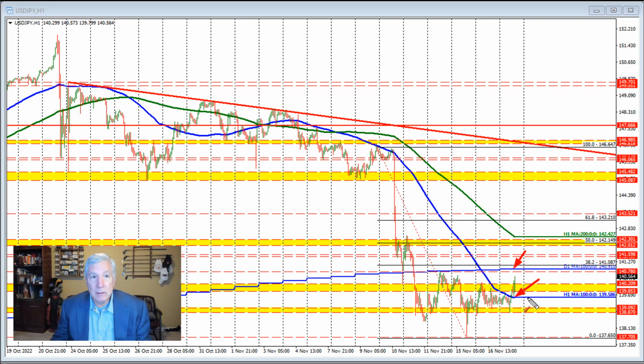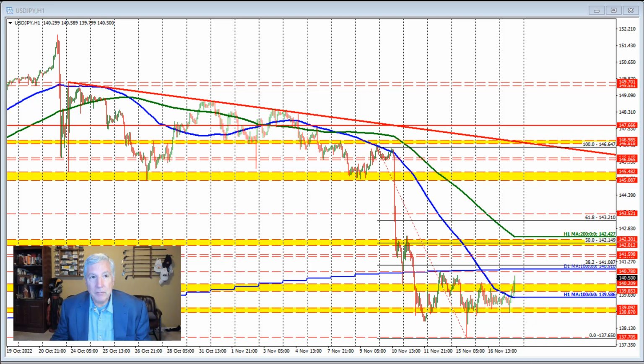Buyers leaned against this level after leaning against it right here and here, and the price saw a little move back to the upside with increased dollar buying. So that was a good support buying opportunity, right against the 100-hour moving average, pushing the price back higher.